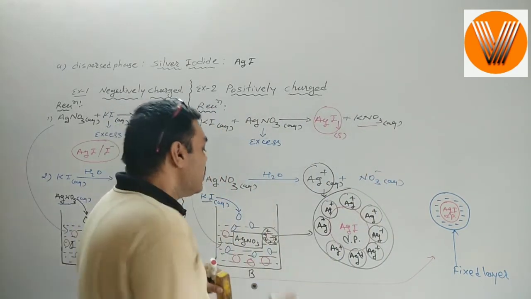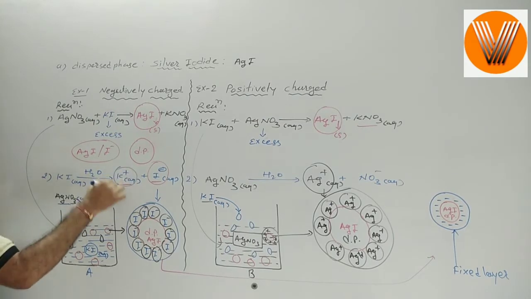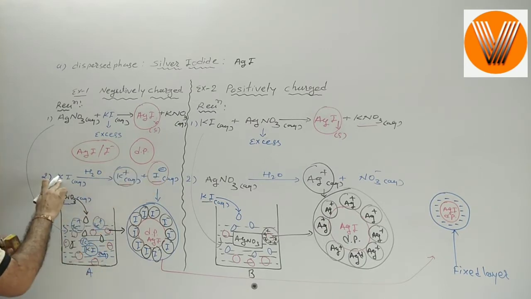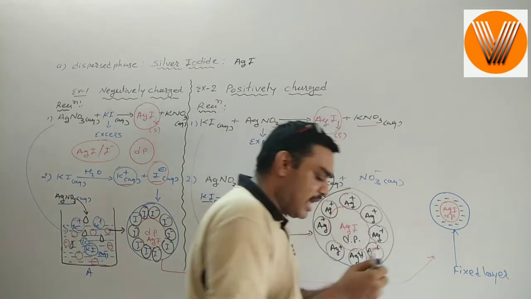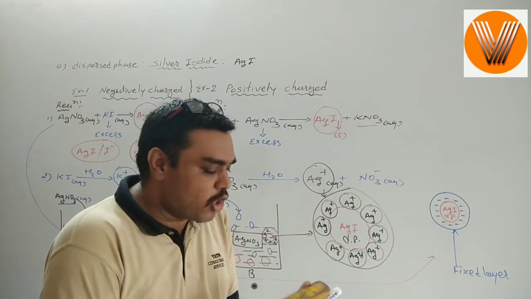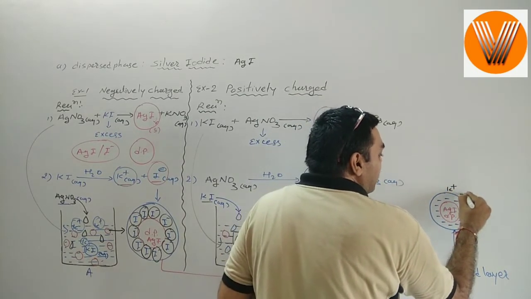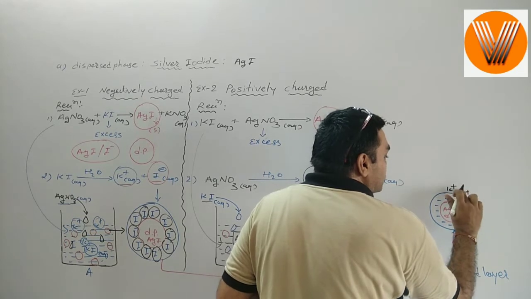Now what will happen is that some K plus ions are also present inside the solution. That K plus ion is dissociated from the excess amount of KI. So that K plus ion is also attracted towards this negative charge.